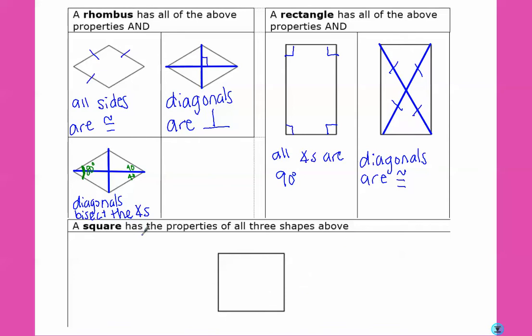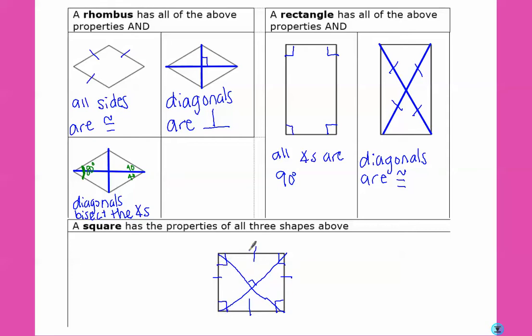And as for a square, it follows every rule that we've written on this paper. It's got all the sides congruent. It's got diagonals that I'm not drawing very well that meet at 90-degree angles. It's got its angles in each corner as 90 degrees.